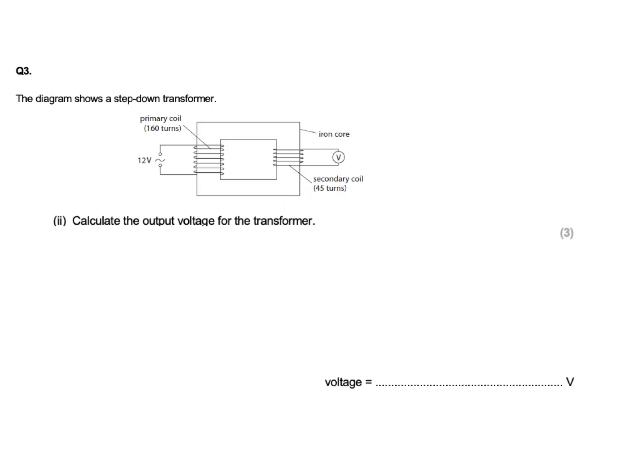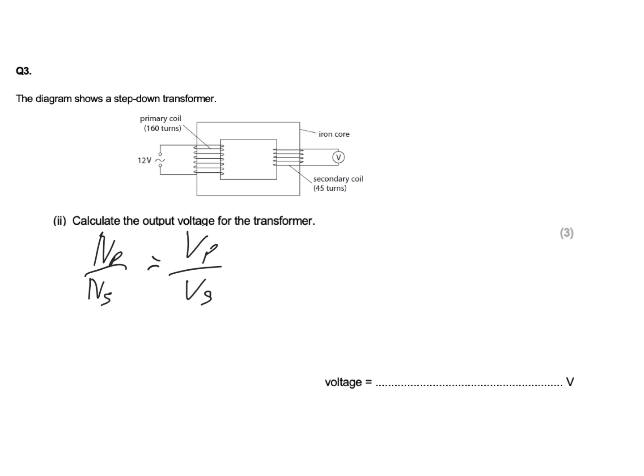So we're also asked to calculate the output voltage for the transformer, and this is where we use our formula that N primary over N secondary equals V primary over V secondary.